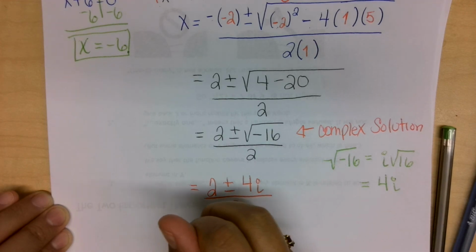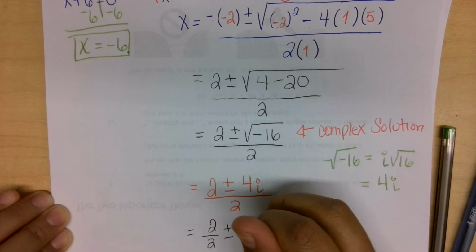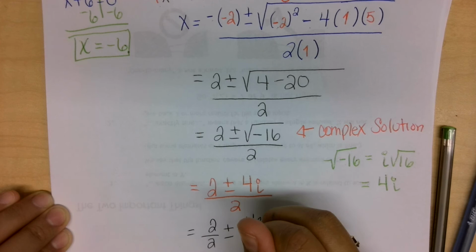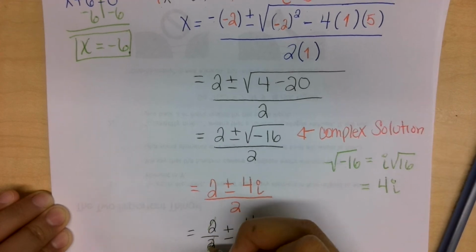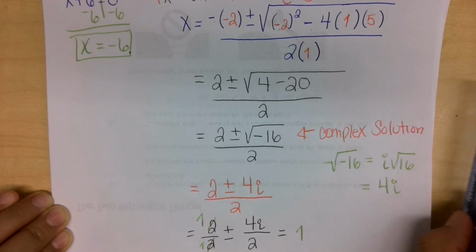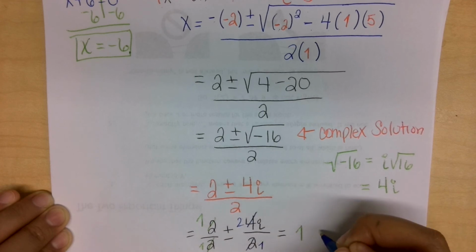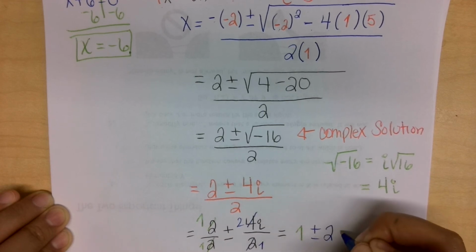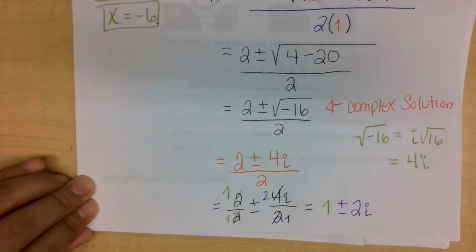And then remember that we can separate that into two different parts. We can separate that into 2 divided by 2 plus or minus 4i divided by 2, which gives us 2 over 2 is 1. 4 divided by 2 is 2. So plus or minus 2. And then we still have the i up there. So what are our solutions to this problem?